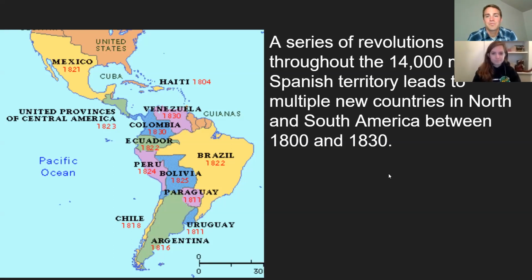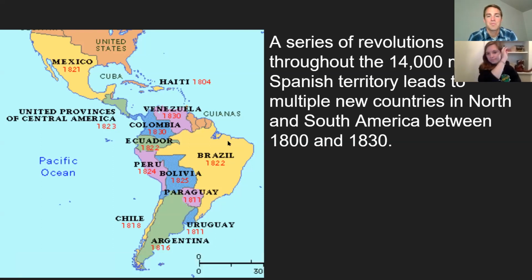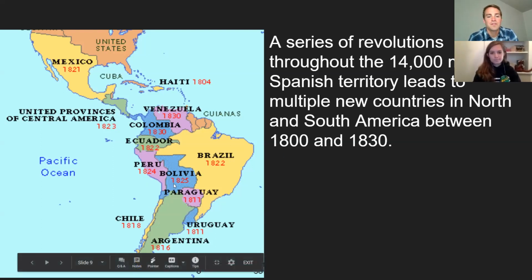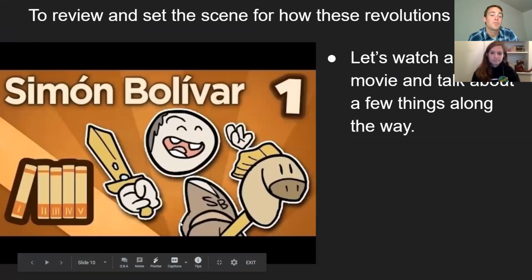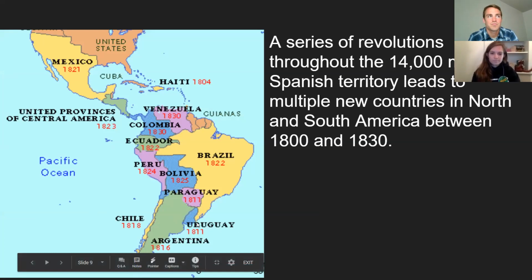In this period between 1800 and 1830, basically the whole of South America becomes independent. Brazil is unique because it's a Portuguese colony, but all of these other territories are former Spanish viceroyalties or small communities that are gaining their independence at the same time.